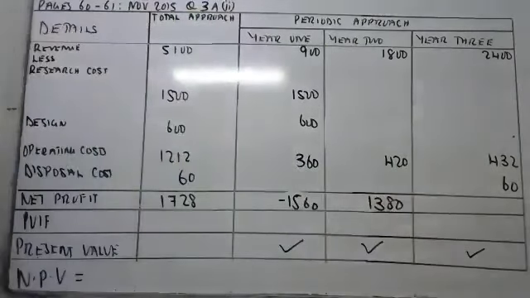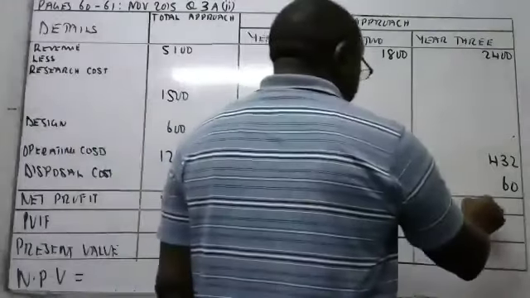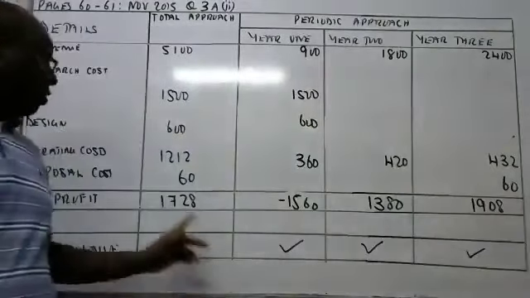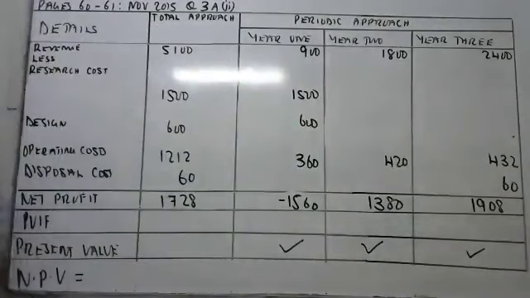Hiyo ingine 1908. Now add the three of them, check whether they go back to this. See, they go back. Yes.